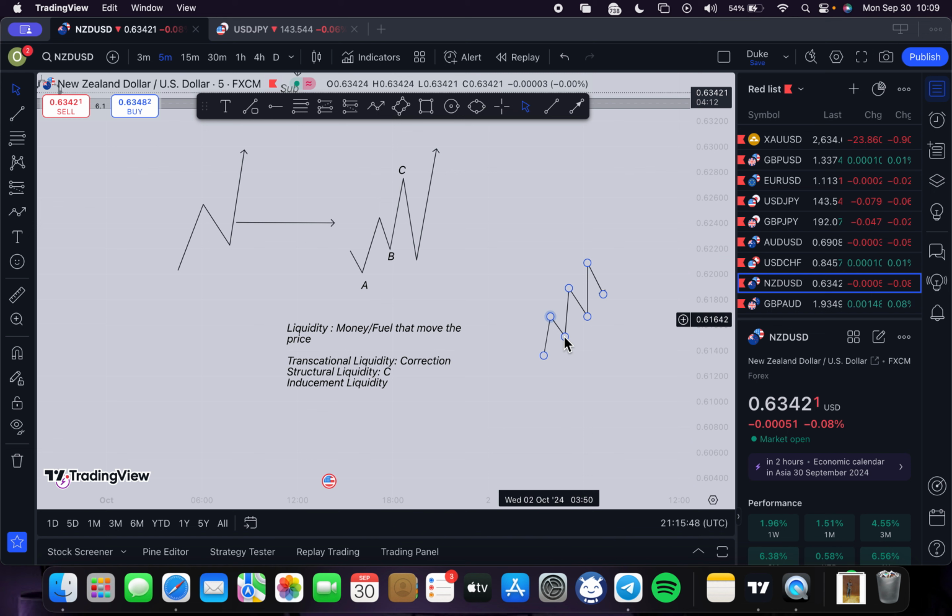Retracement. This is your retracement, right? Inside this retracement, inside this substructure, you will see your structural liquidity.